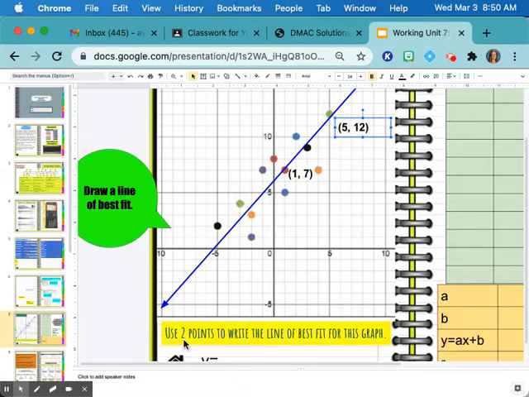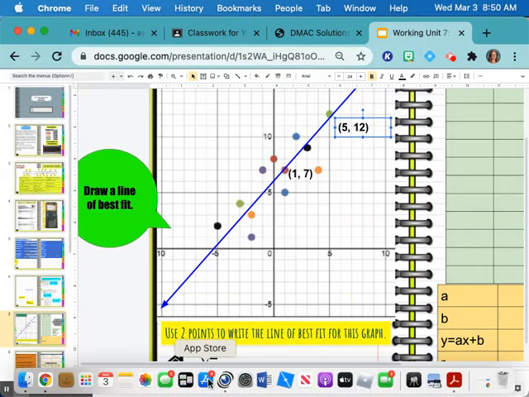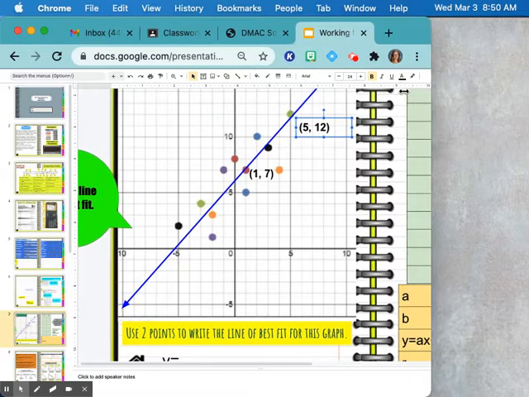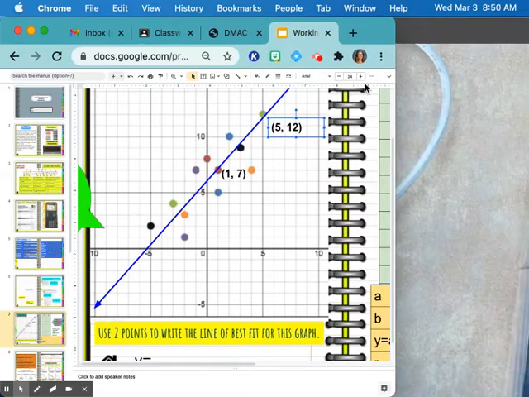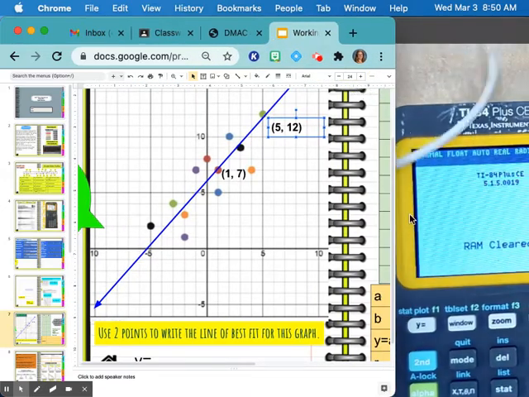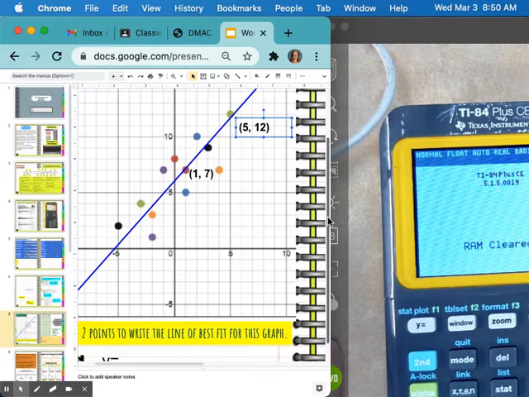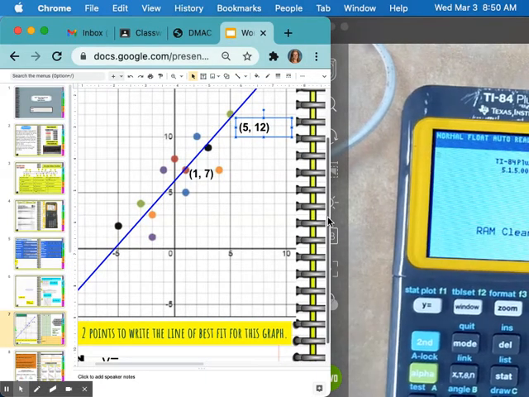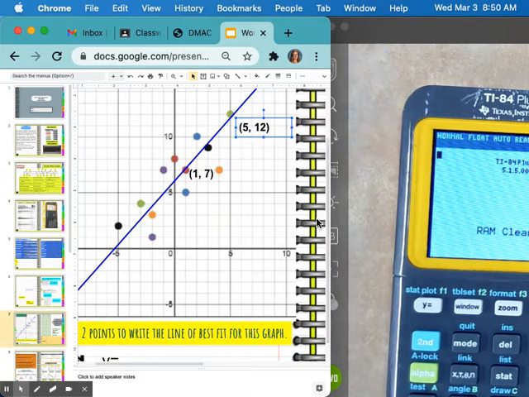It just says use 2 points to write the line of best fit for this graph. That's what we're going to use. Let's go to our calculator and let's find that line of best fit. All right, y'all know how I told y'all clear memory because we want everything fresh on here. Do y'all remember the steps?